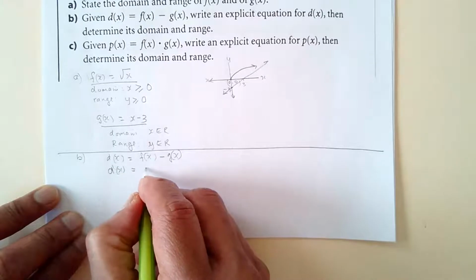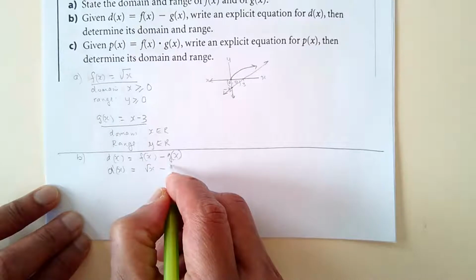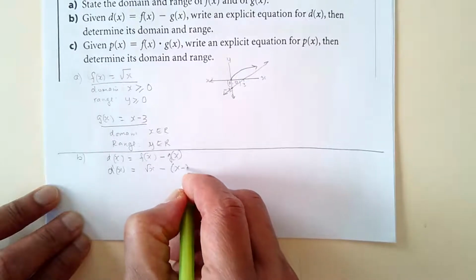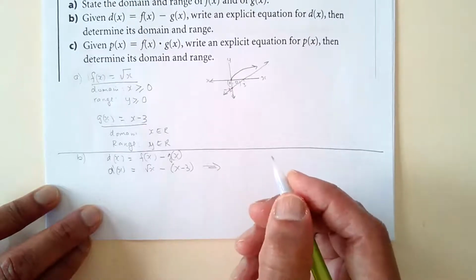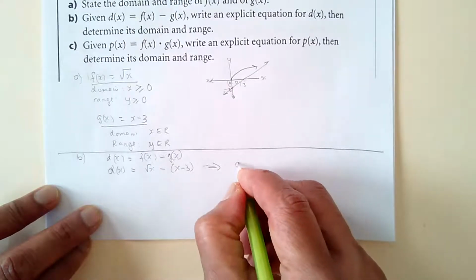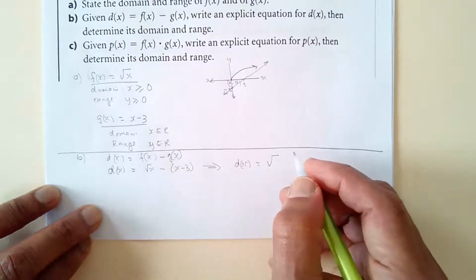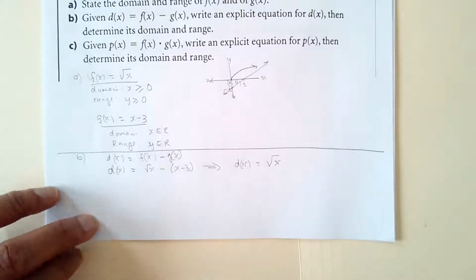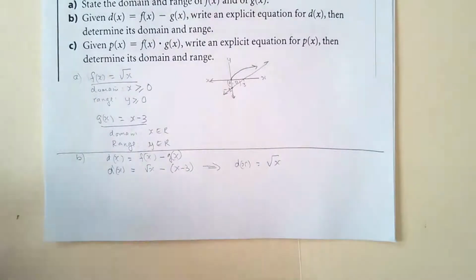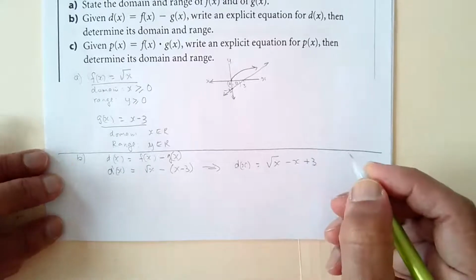So f of x is root x, and g of x is x minus 3. So we end up with d of x is equal to root x minus x plus 3.